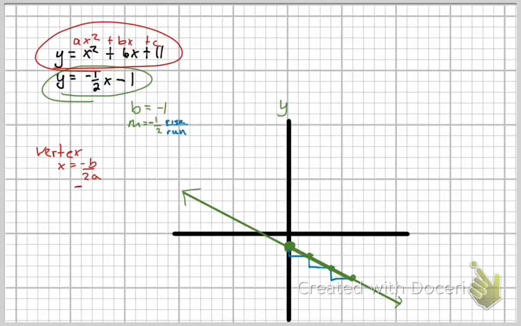So we've got a negative of 6 divided by 2 times a, and just like the last problem, a is going to be a positive 1. So we get negative 6 divided by 2, which would be negative 3. Now we're going to substitute that into the equation. So we've got y is equal to x squared plus 6x plus 11. We're going to replace both of the x's with our negative 3 answer.